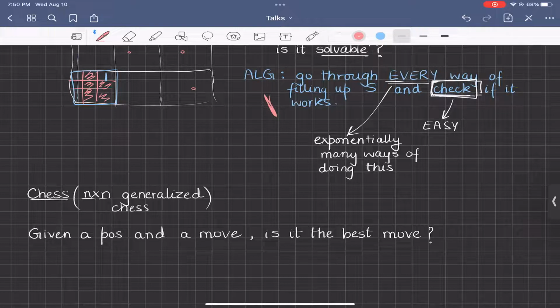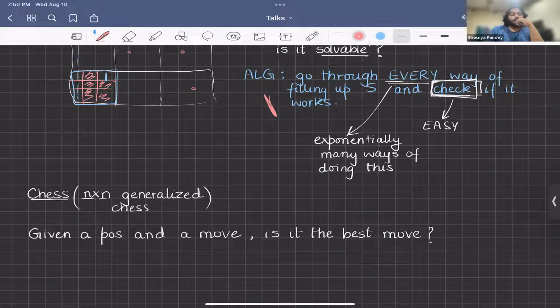Oh, you see. The point is, is it exponential? It might be exponential. Yeah, actually it is probably exponential. You're right.